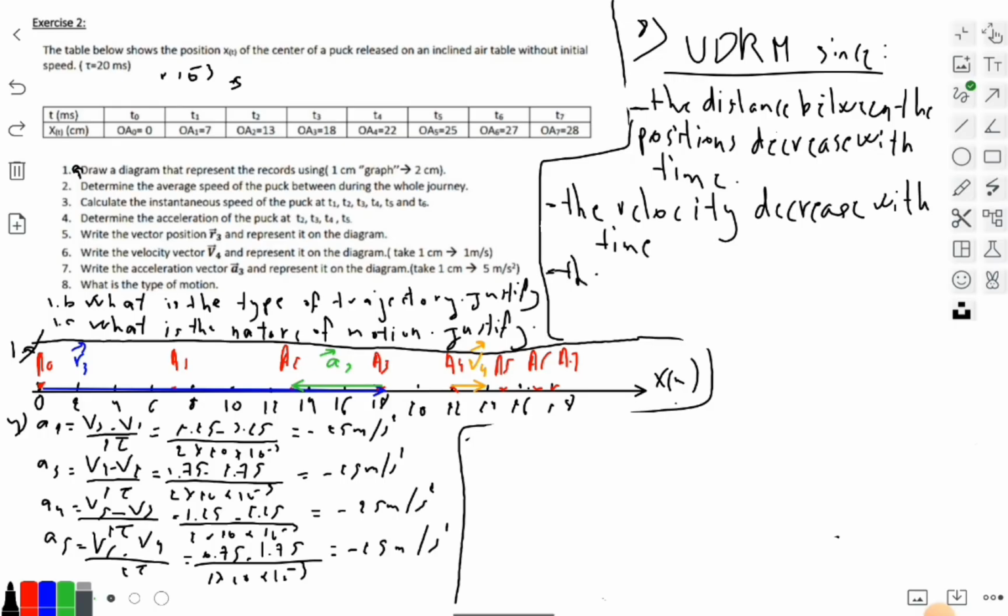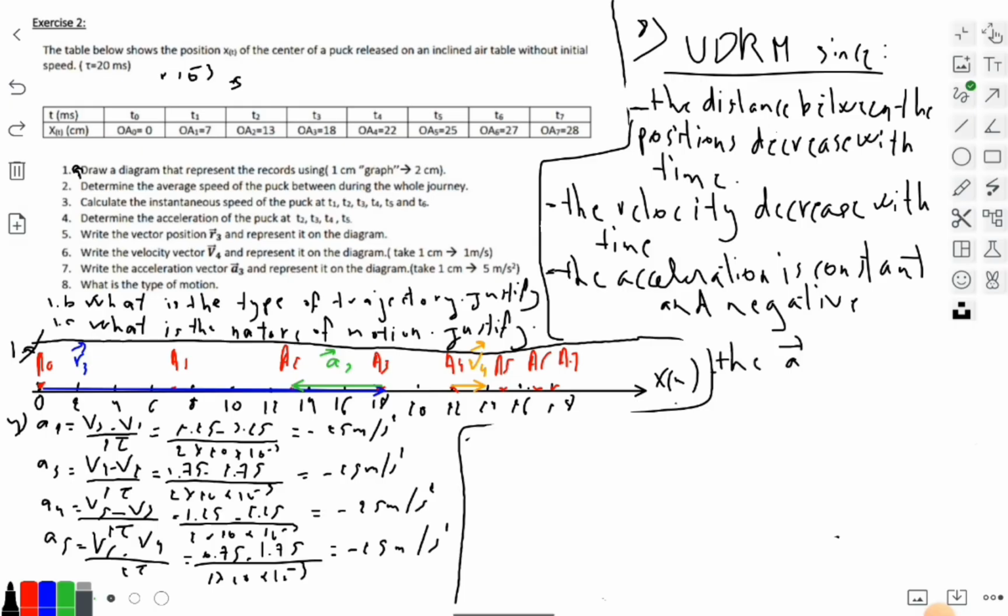The acceleration is constant and negative, and the acceleration vector A and V vector have an opposite direction.